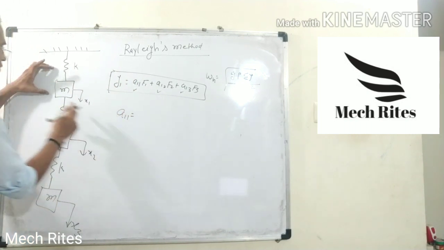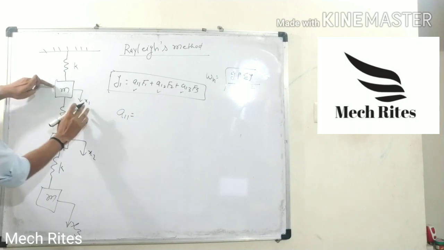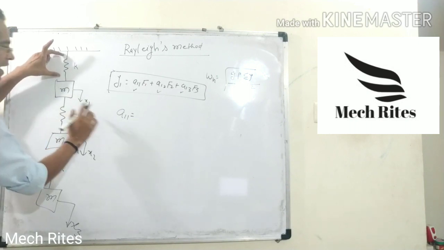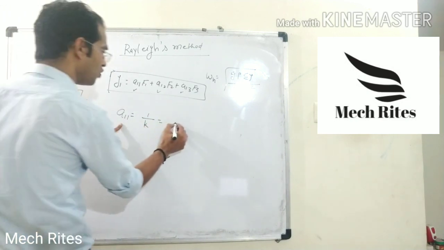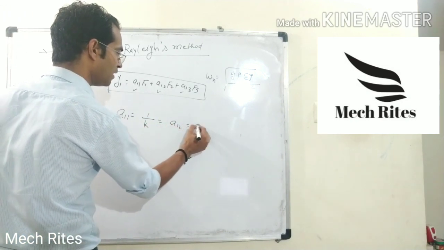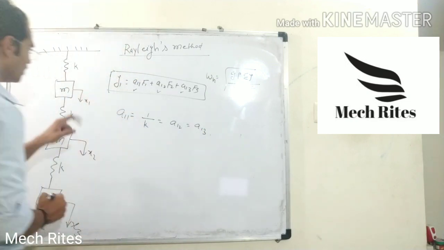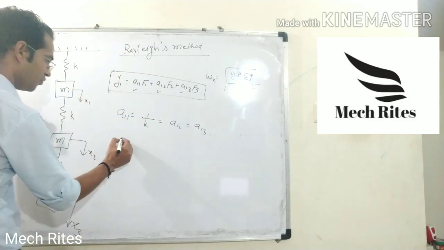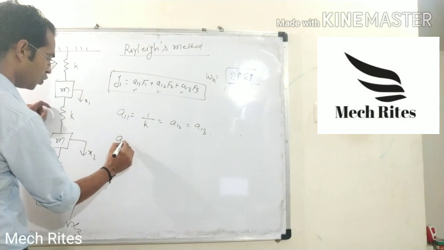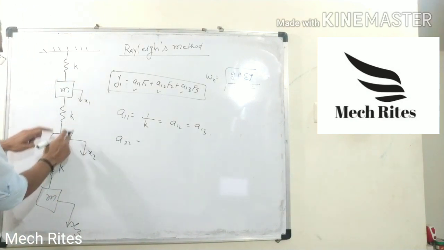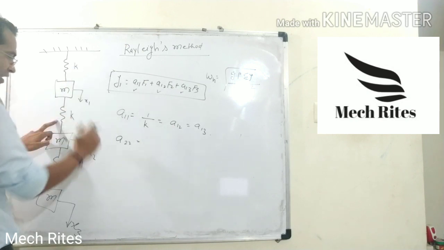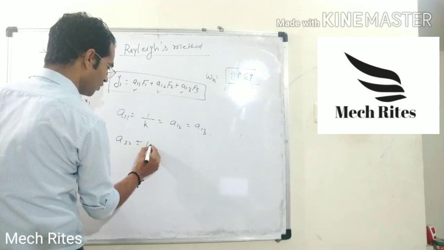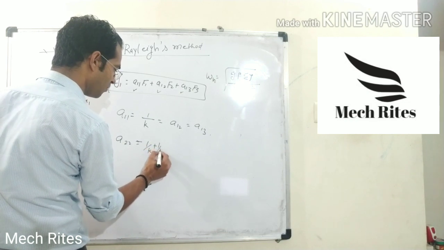A11 will be what here? First, x1 is connected with only k, so I will write here 1 by k, and it will be equal to A12 and A13. Similarly, A22 is connected with k and k, and both are in series, so I will write here 1 by k plus 1 by k.